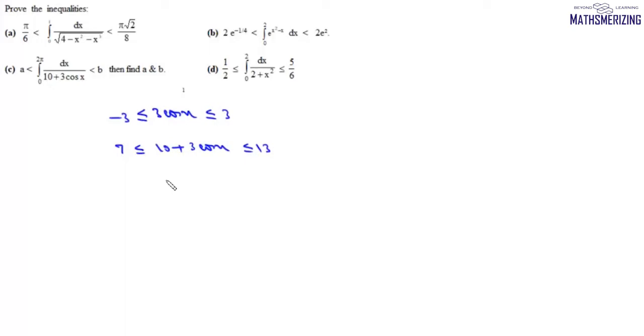Now we'll take reciprocal, we can write 1 upon 13 will be less than 1 upon (10 plus 3 cos x), and it'll be less than 1 by 7. Now we'll integrate these three functions from 0 to 2 pi.